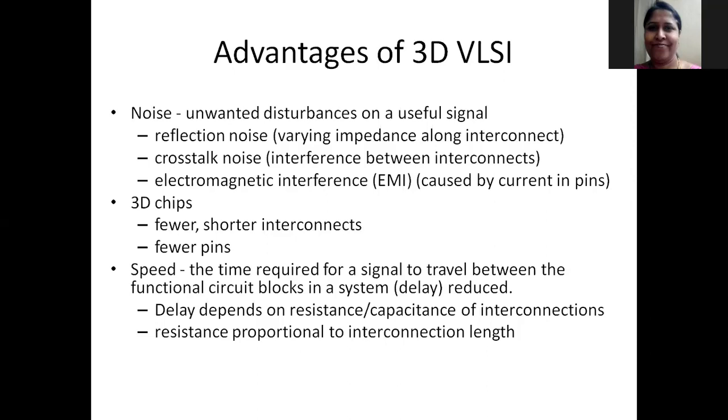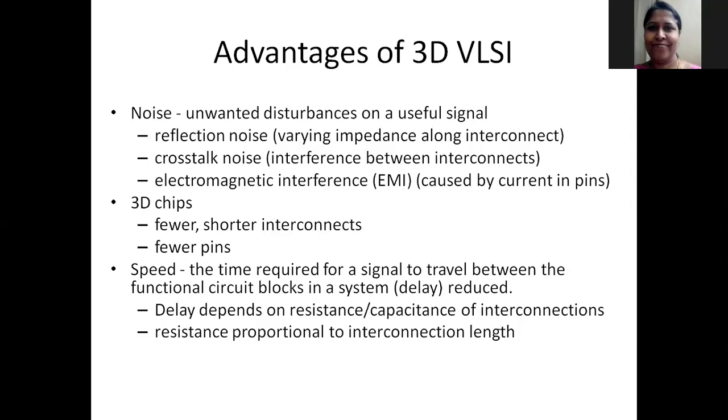Electromagnetic interference represents the influence of electromagnetic fields around the interconnects. So here in 3D chips, you have shorter interconnects and fewer pins. Therefore, the speed will improve and the delay also reduces as resistance and capacitance of the interconnections reduce.